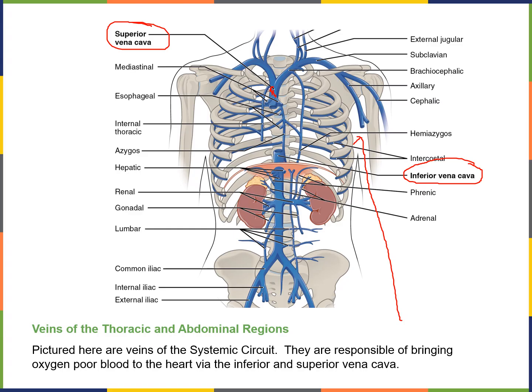So pictured here are the veins of the systemic circuit. And you can see we had subclavian arteries, so you can see that there are also subclavian veins. You've heard of the jugular, or you might have seen the jugular being punctured in movies. Well, I think everybody knows the jugular really is in the neck.